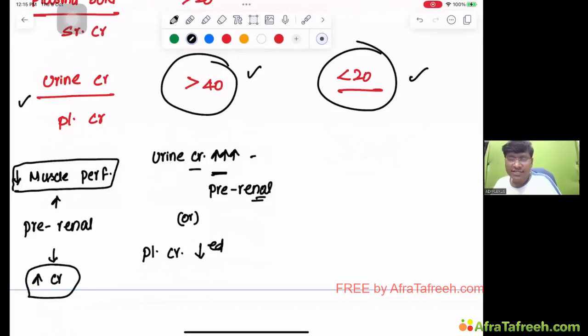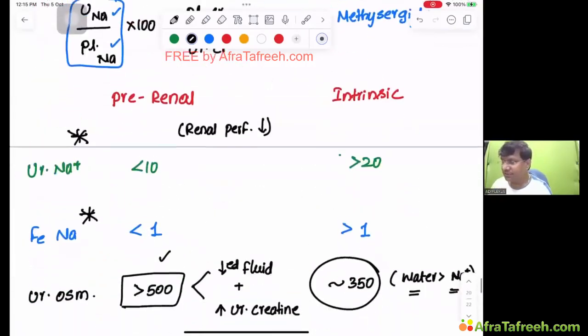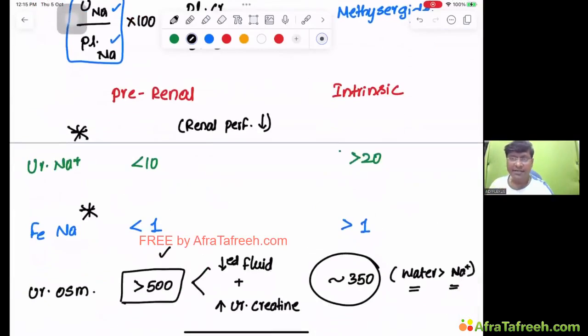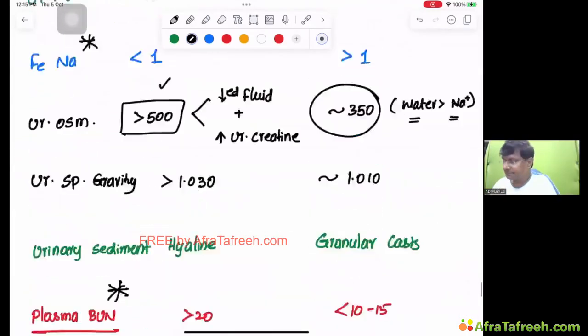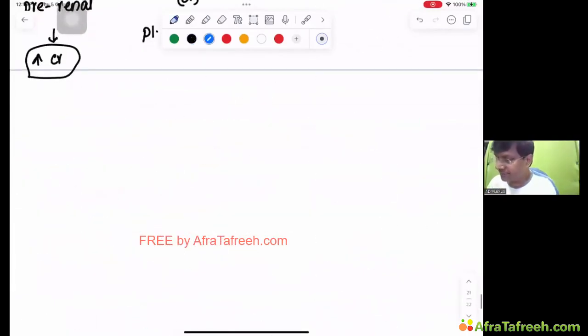So more muscle degeneration, more creatinine production, more excretion of urine creatinine. That results in the urine creatinine to plasma creatinine ratio being more than 40. Okay, right. So that was about the differences between prerenal and intrinsic renal. Now you take the clinical features.